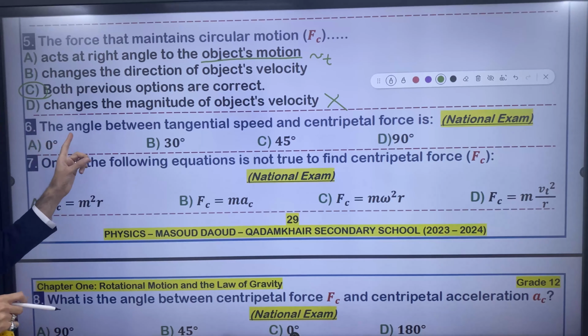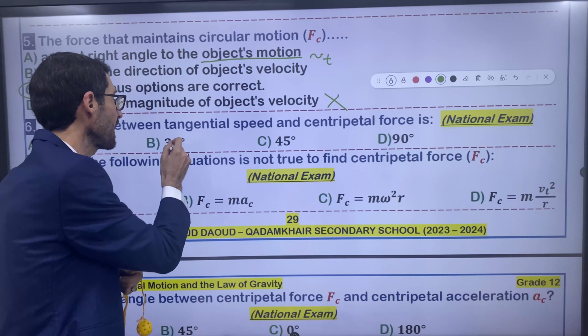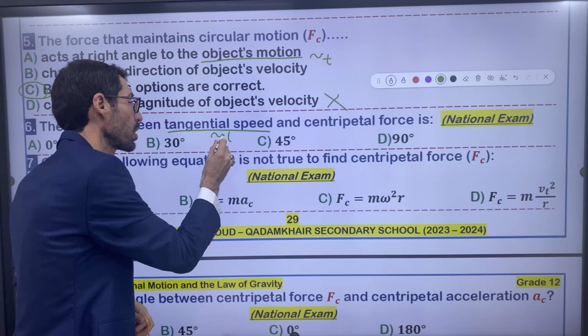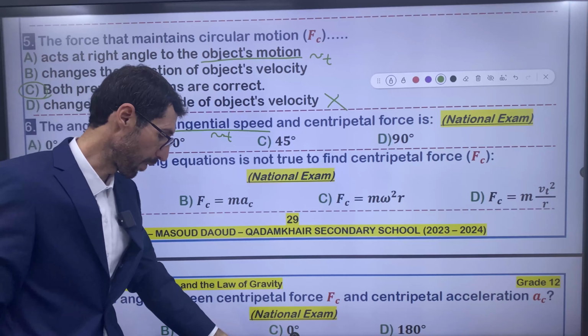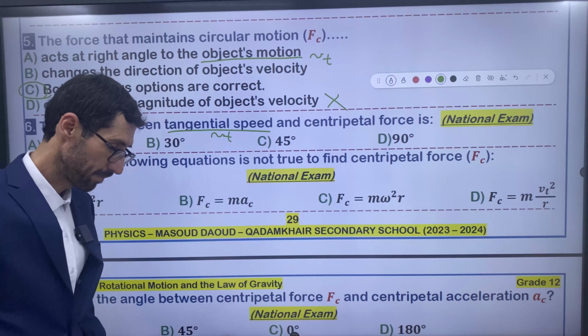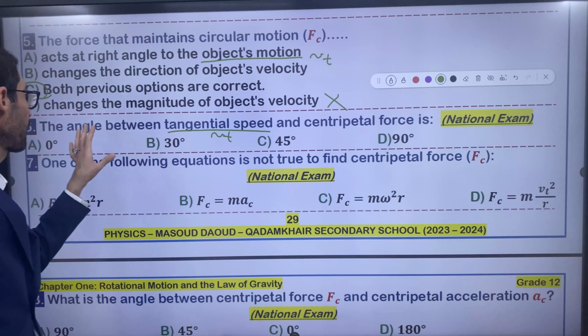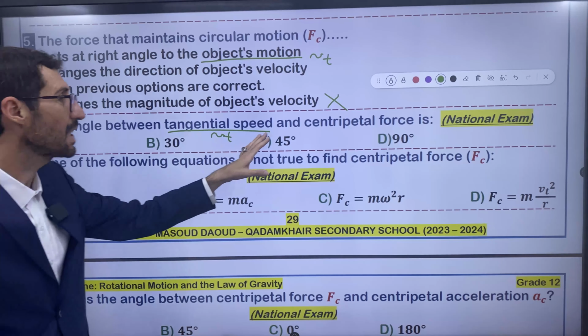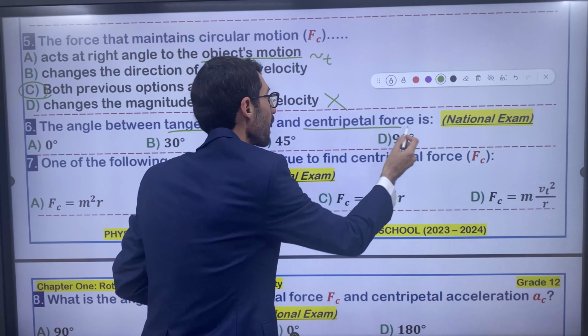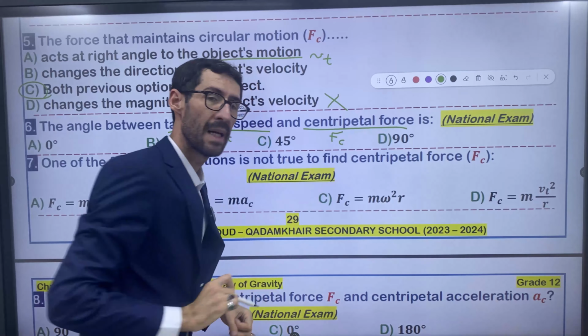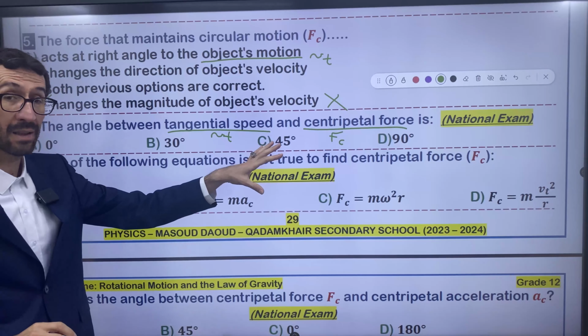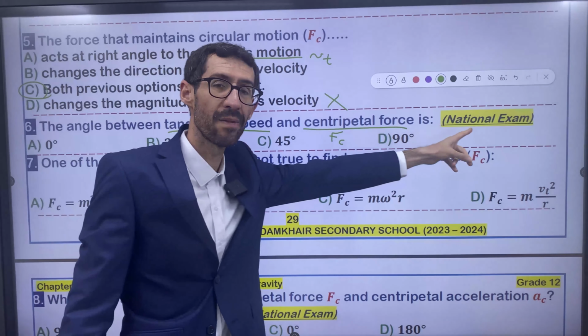Number 6, the angle between tangential speed, Vt, and centripetal force, Fc. By the way, this is a question of the national exam.